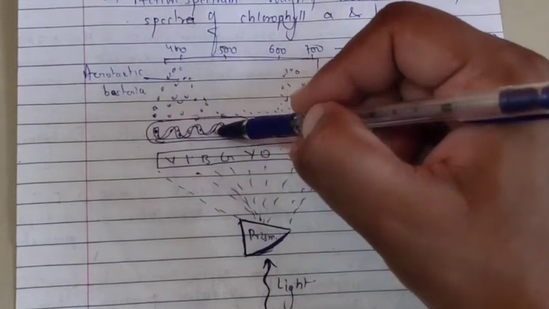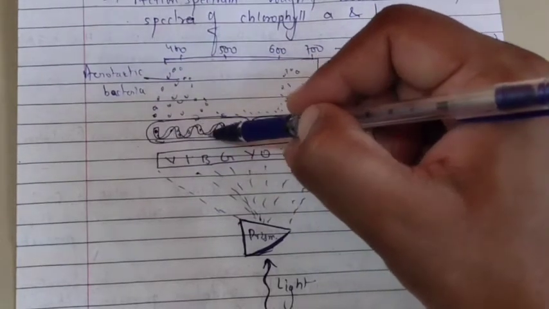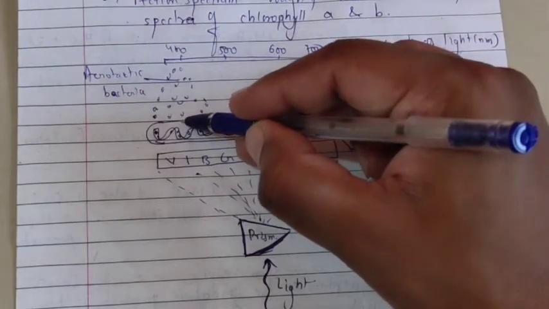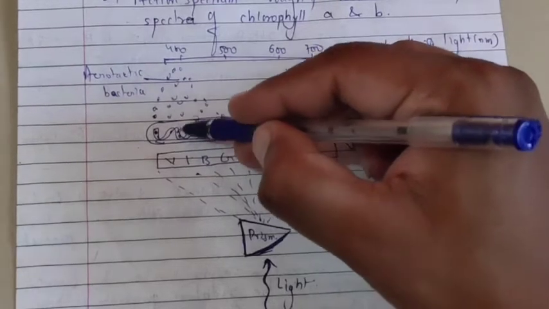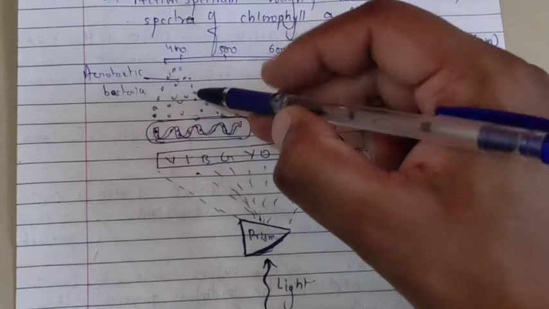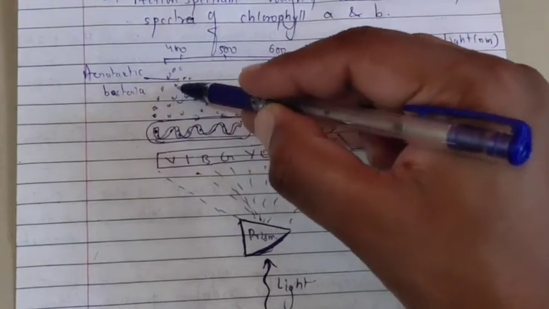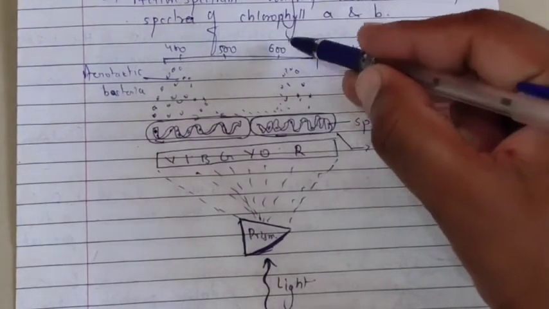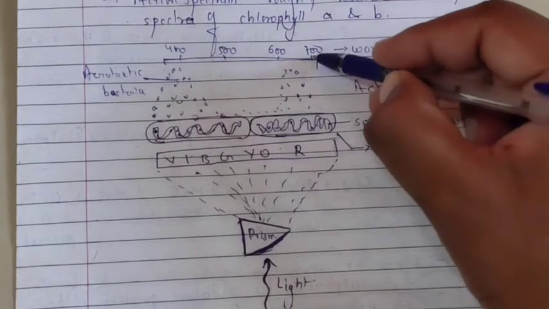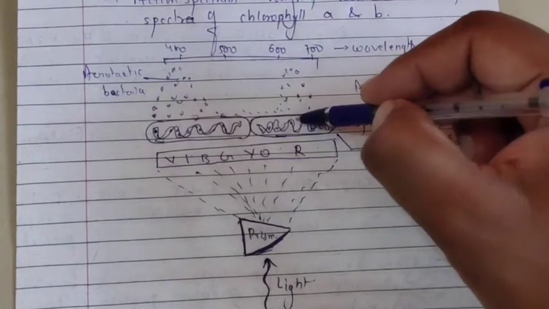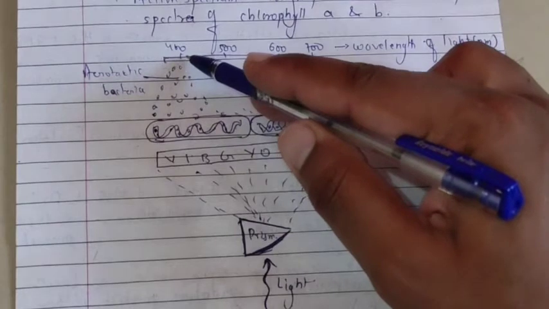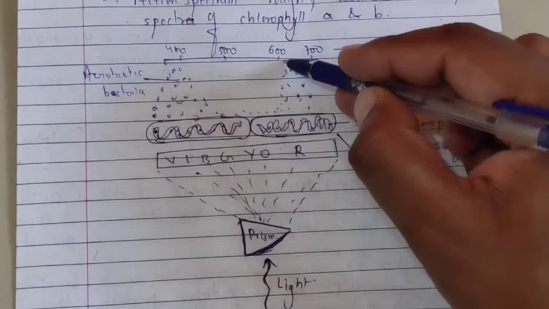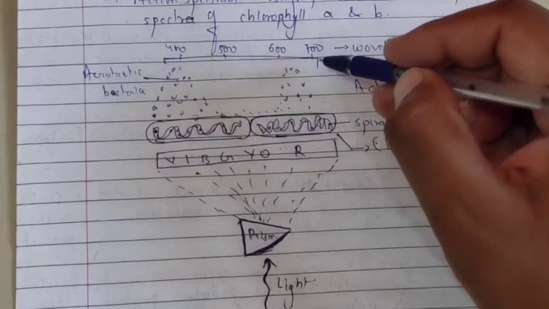Green plants use this particular wavelength to produce food, so a large amount of oxygen is liberated in this region, and because of that the aerotactic bacteria accumulate here. We can also see accumulation of aerotactic bacteria between 600 and 700 nanometers. It is because the plant uses not only the wavelengths between 400 to 500 nanometers, but also between 600 to 700 nanometers.